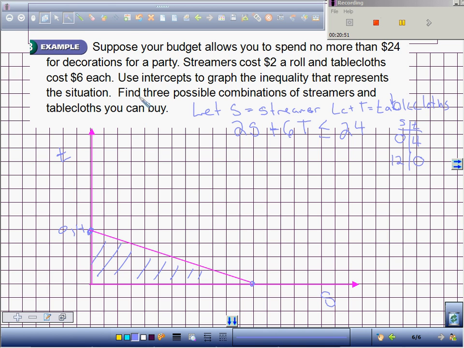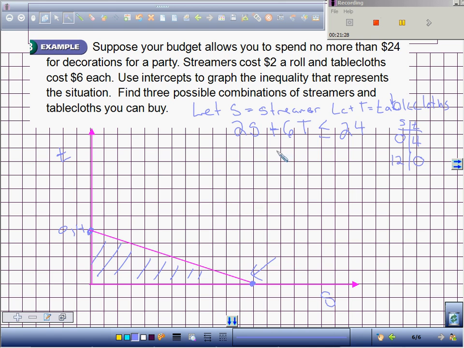So it says, find 3 possible combinations of streamers and tablecloths you can buy. So in other words, find any points in this region. Could I buy 12 streamers and no tablecloths? Could I pick this point? Does this point work right there? Yes, this point right here works.